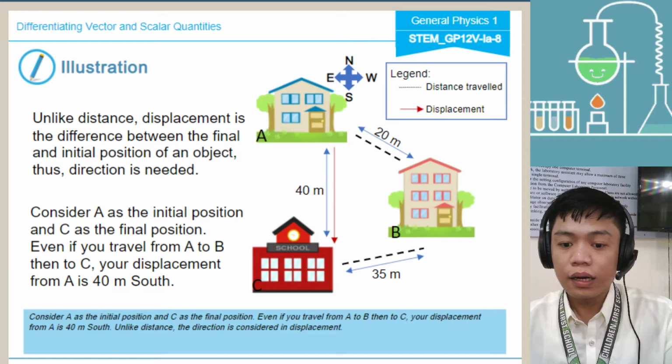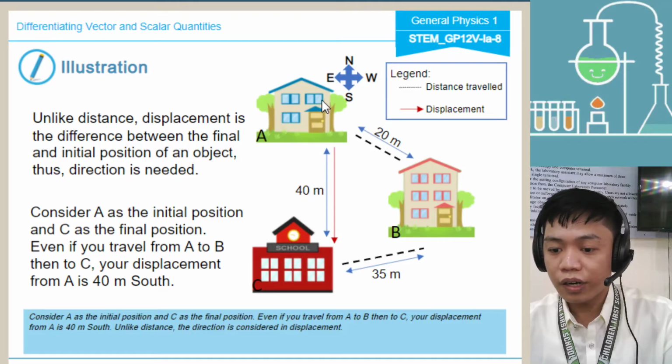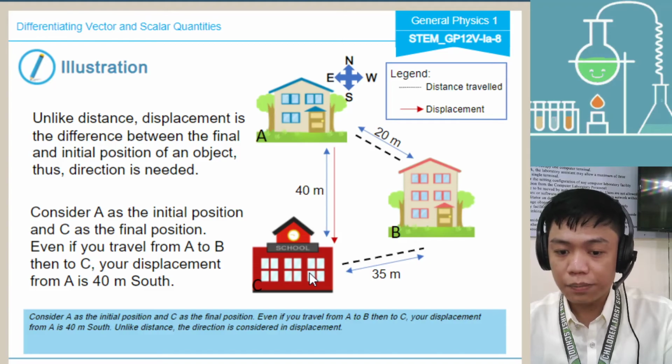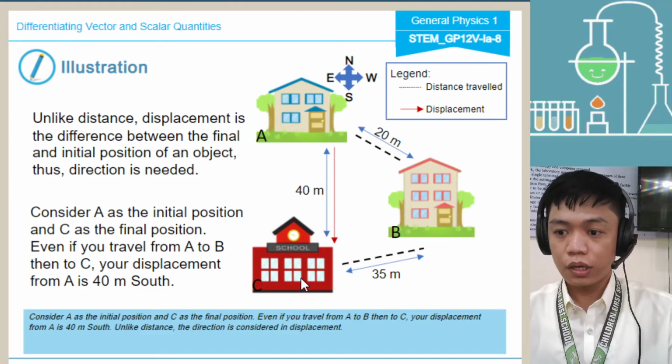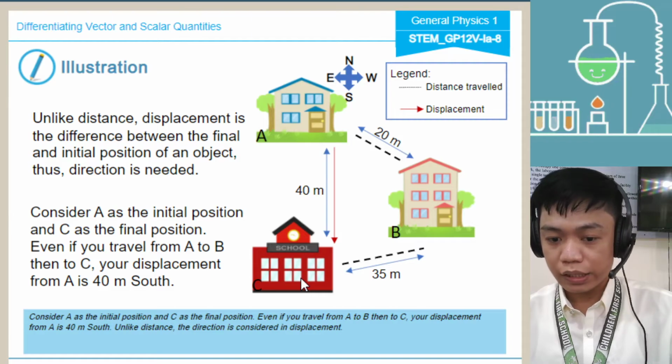Consider A as the initial position and C as the final position. Even if you travel from A to B then C, your displacement from A is 40 meters south. Unlike distance, the direction is considered in displacement. So take note of the word displacement.